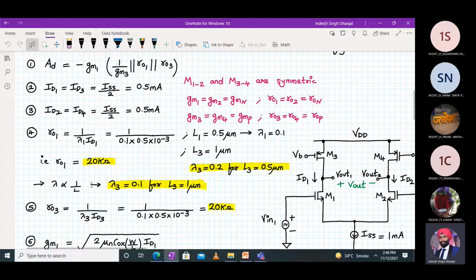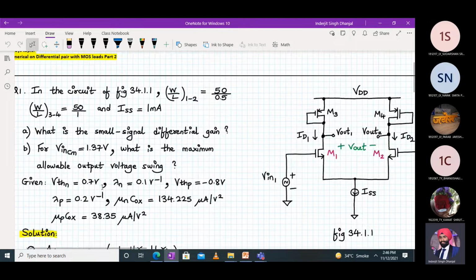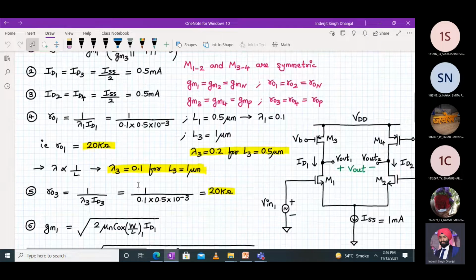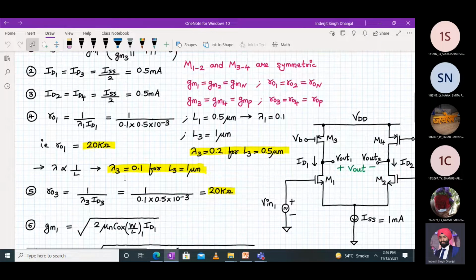We know that lambda is inversely proportional to your channel length, correct? So lambda 3 should be equal to 0.1 for L3 equal to 1 micrometer. It is 0.2 given for L3 equal to 0.5 micrometer in the given data. Since the channel length is doubled, you have to halve the value of lambda 3.